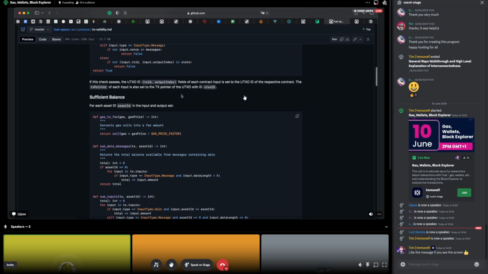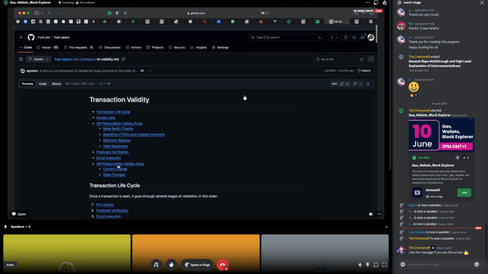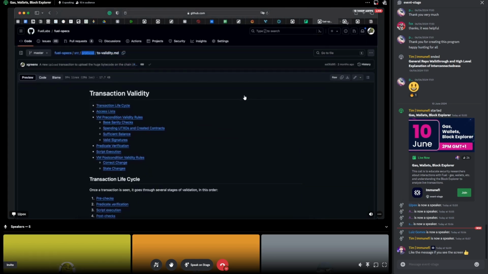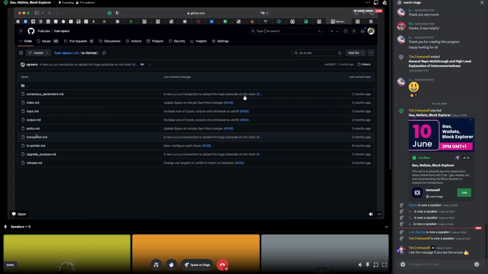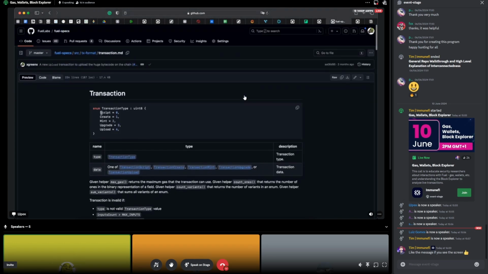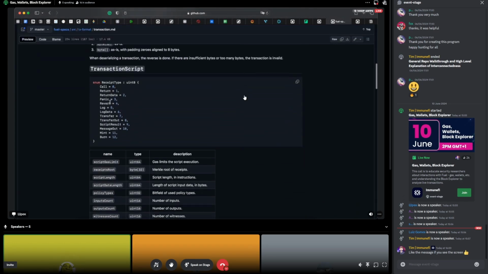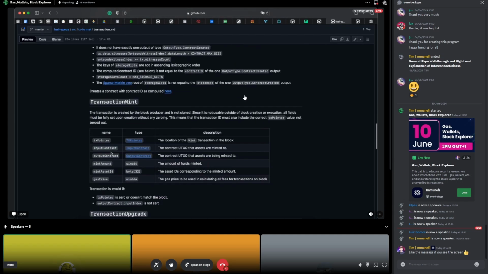We have different types of transactions. If we go to the create transaction, in protocol, types, transaction format, transaction, as an example we have the script transaction and the create transaction. The script transaction contains a script field and a script data field, and the create transaction doesn't have those fields.